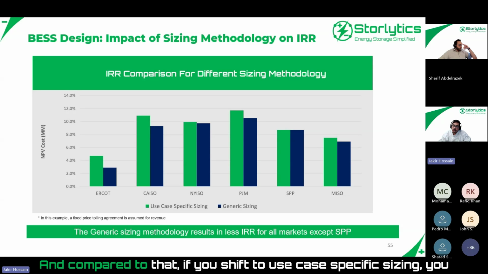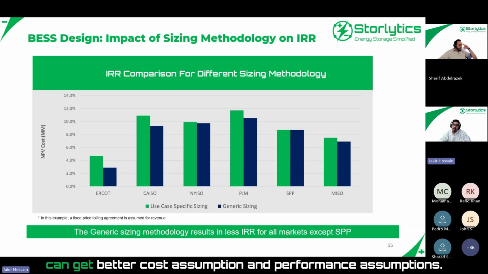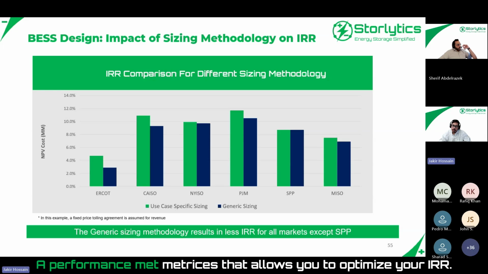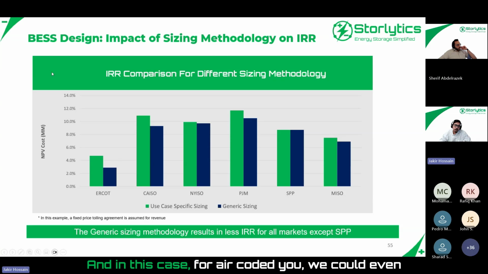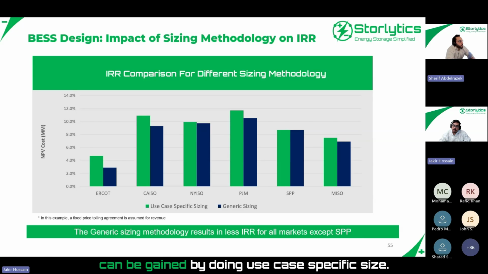Compared to that, if you shift to use case specific sizing, you can get better cost assumptions and performance metrics that allow you to optimize your IRR. For ERCOT, we could even see as much as 2% difference in IRR, especially in a market that is that competitive and where the revenue prices are going down. 2% is huge. So there is a lot of efficiency that can be gained by doing use case specific sizing.